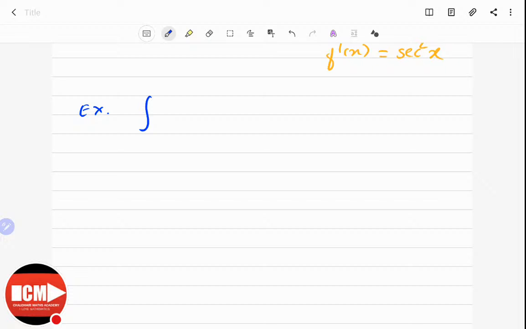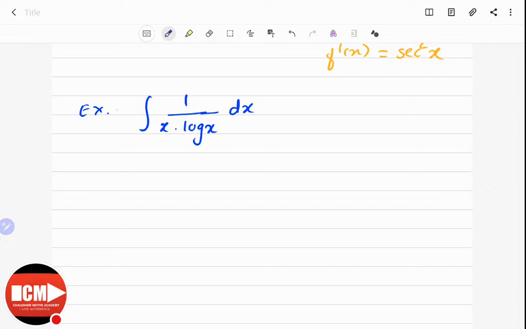So try to solve this next example. What if it is integration of x into log x? Try to observe this problem very carefully. Here I am taking one interesting question. It's an integration of 1 upon x log x.